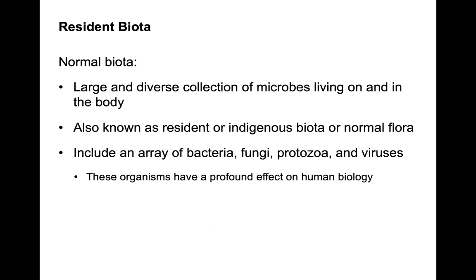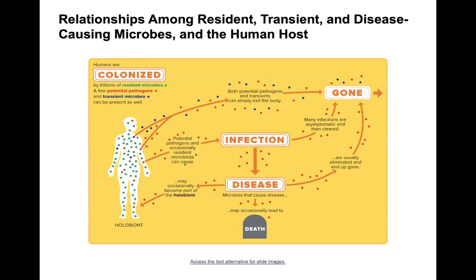It can include an array of bacteria, fungi, protozoa, and viruses, and these organisms have a profound effect on human biology. Now, the relationships among resident, transient, and disease-causing microbes in the human host is one that's studied a lot, because we have trillions of resident microbes, a few of which are pathogenic and a few which are transient, that can be present on our surfaces.